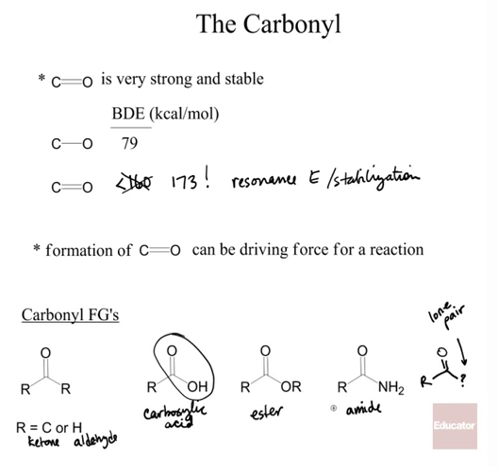Anytime we have this kind of structure, these are all related to each other. These are called carboxylic acid derivatives. Of course, this first one is a carboxylic acid. All the others are described as carboxylic acid derivatives. And so after we're done talking about aldehydes and ketones, then we'll move to these other related compounds.